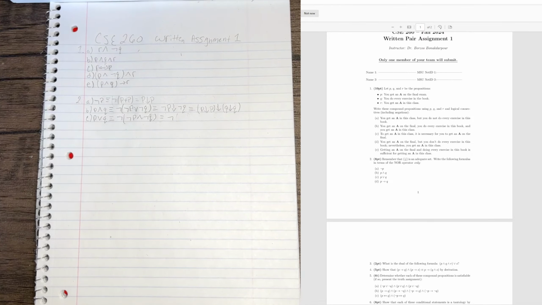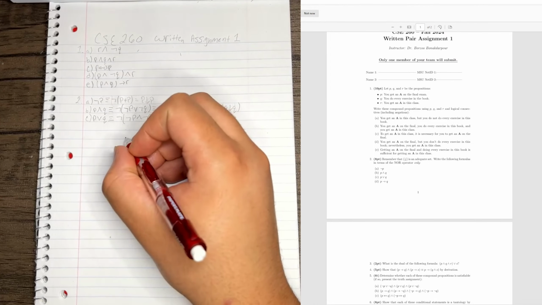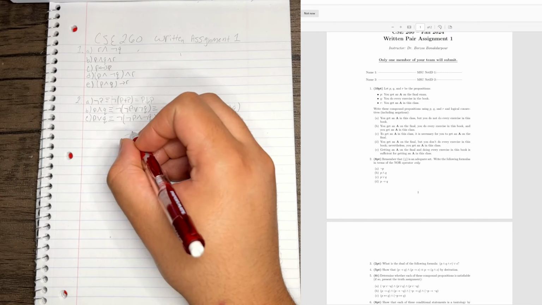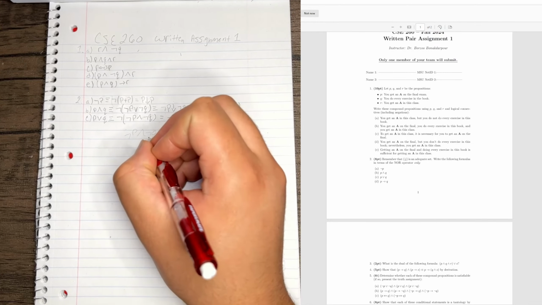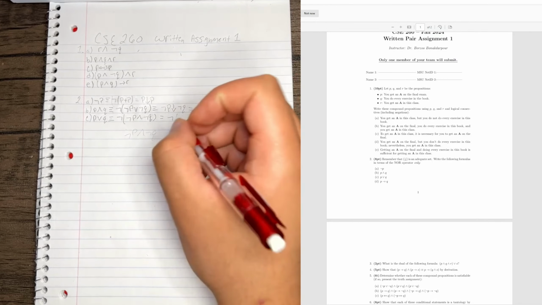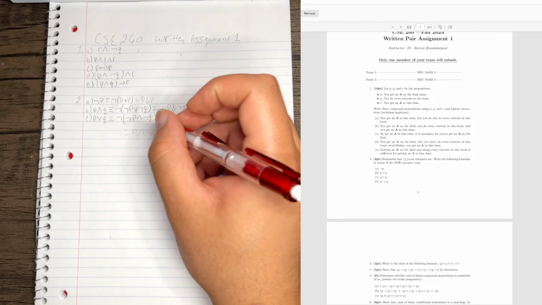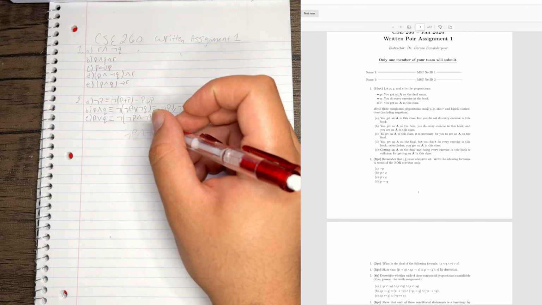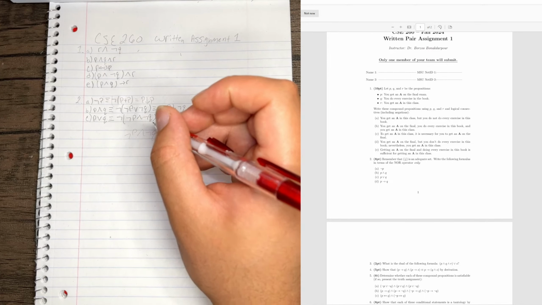But yeah, what my point was, the NOT gate looks like not P and not. Okay.